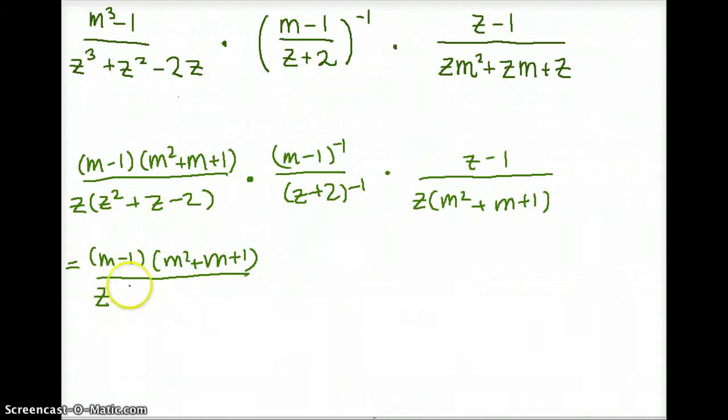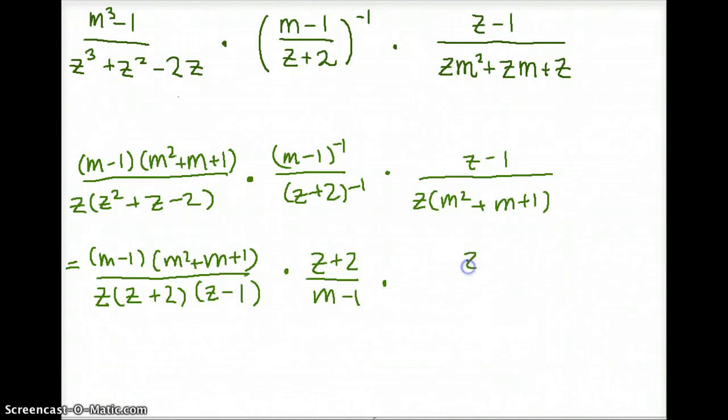So we get z plus 2, z minus 1 times, and when it's the power of negative 1, we switch it around. So we get z plus 2 over m minus 1 times z minus 1 over z, and then we can't factor m squared plus m plus 1 further, so we're going to keep it the way it is.